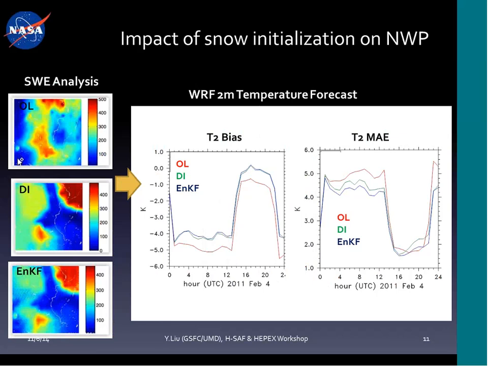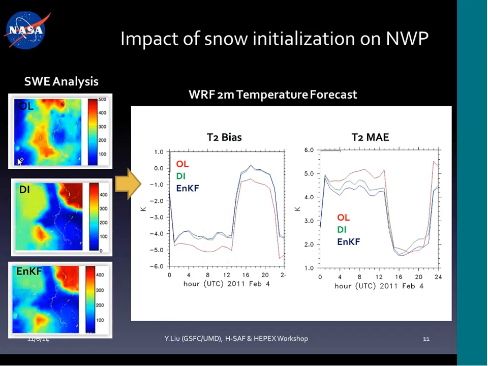Additionally, we are also trying to use snow DA to initialize our numerical weather prediction models. Just to show you, we made 3 runs to produce the snow water equivalent analysis: the open loop, direct insertion of snow data from satellite, and also the ensemble Kalman filter.